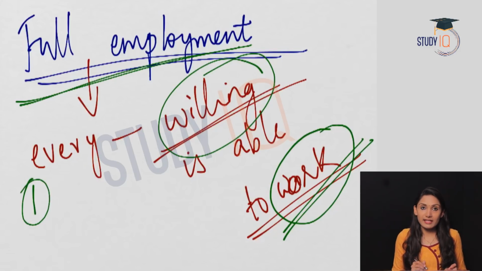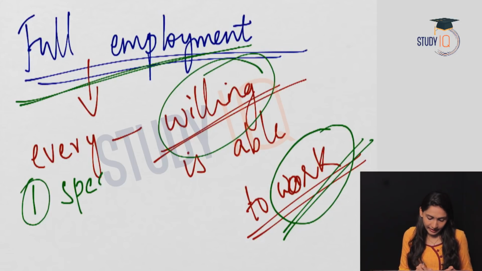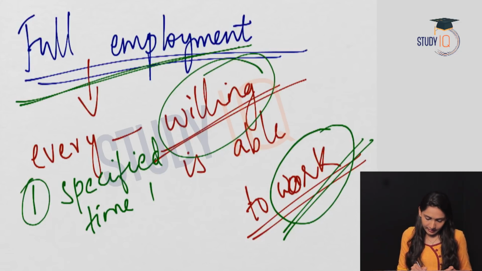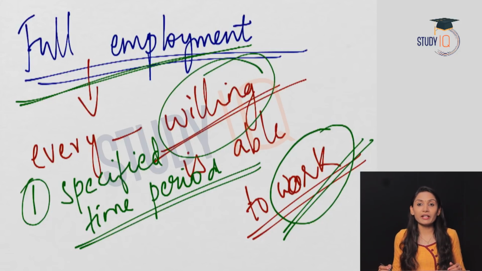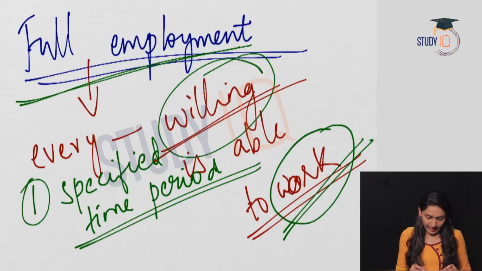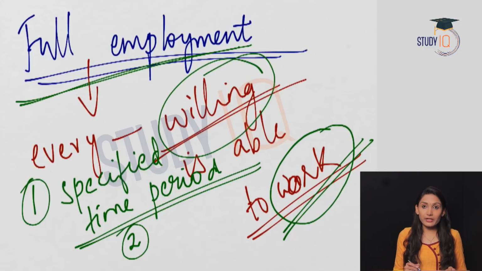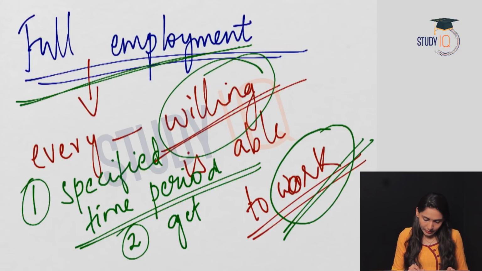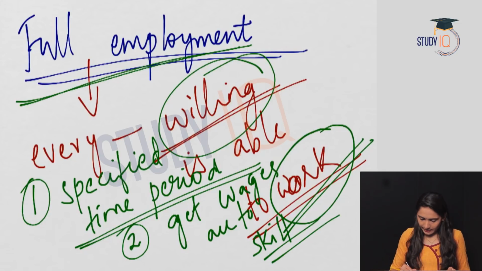The first condition is that he or she should get work for the specified time period that he or she wants. And the second condition is that he should get wages according to his skills.